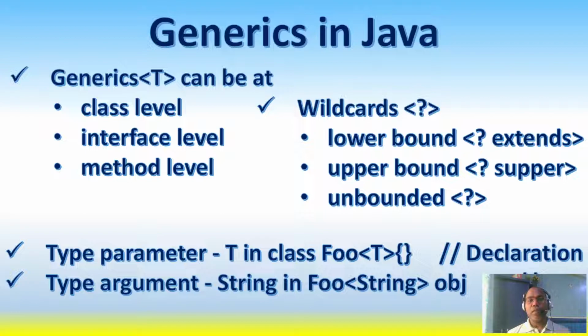Nowadays these generics are highly used in all the collections API, and many times we find this code. So if you conceptually understand the meaning of question mark extends, question mark super, or T extends, that makes it easy to understand any complex code.